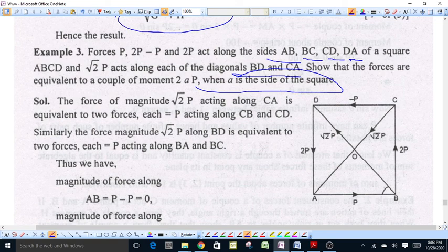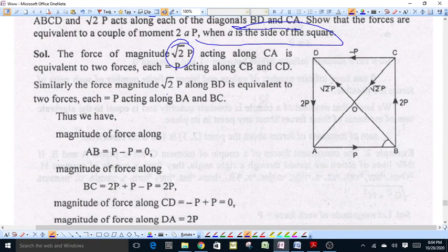Suppose ABCD is a square, and suppose force P acts along AB, force 2P acts along BC, minus force minus P acts along CD, and along DA force 2P acts along this side DA. Forces of magnitude root 2 P act along AC and BD, both the diagonals.